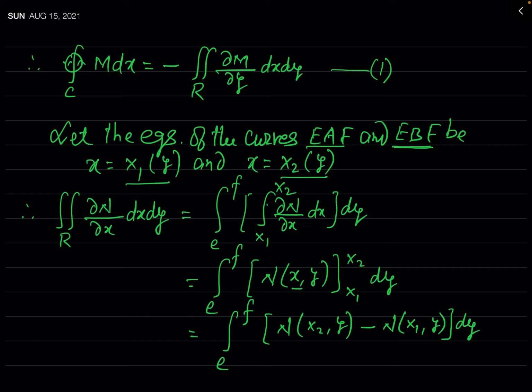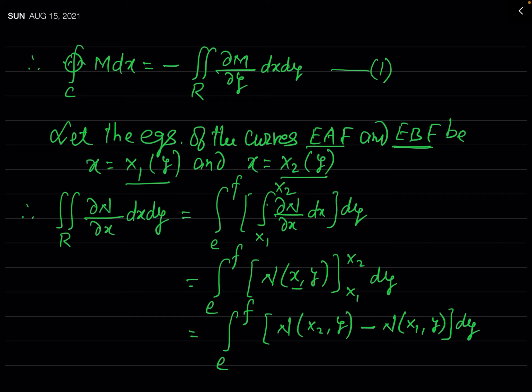Here there is a minus sign. So if you interchange the limits, that is, you make f the lower limit and e the upper limit, then this minus sign will become plus.